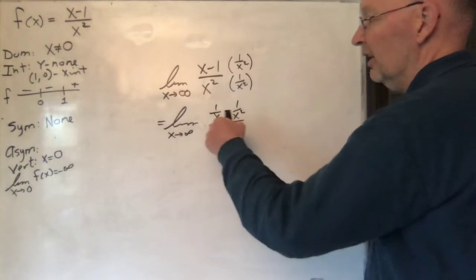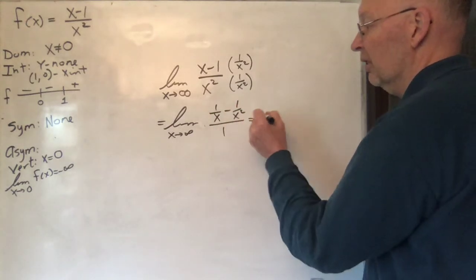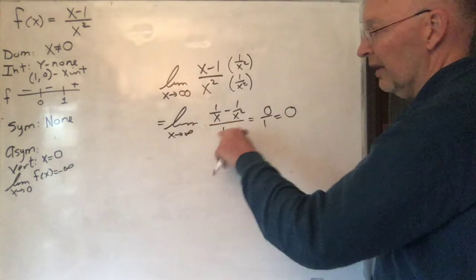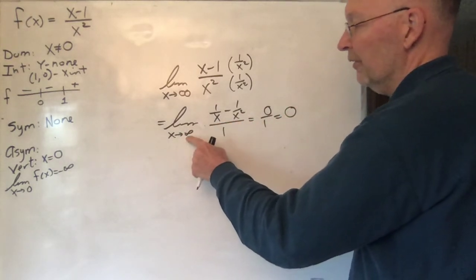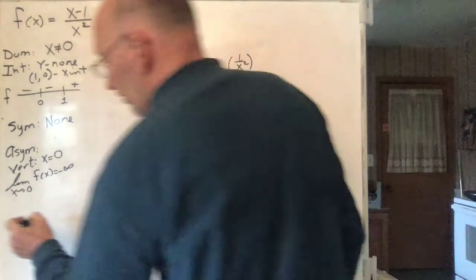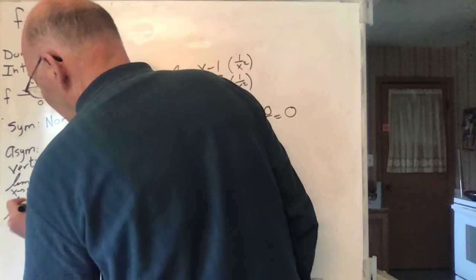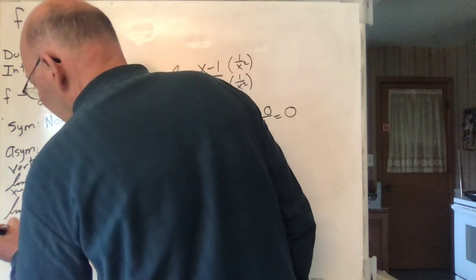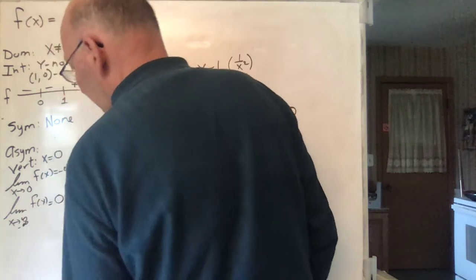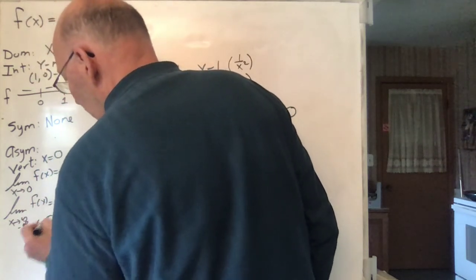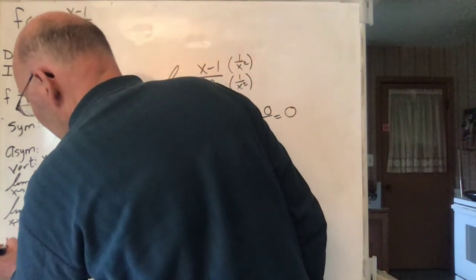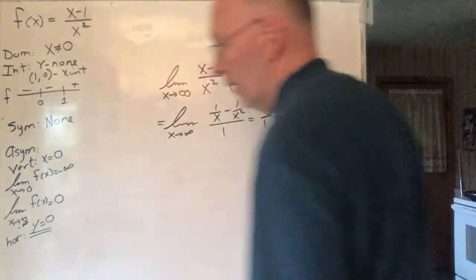As x goes to infinity, those terms go to 0, so 0 over 1 is 0. It doesn't matter whether it goes to positive or negative infinity. The limit of f of x as x goes to infinity or minus infinity is 0, and so y equals 0 is a horizontal asymptote.